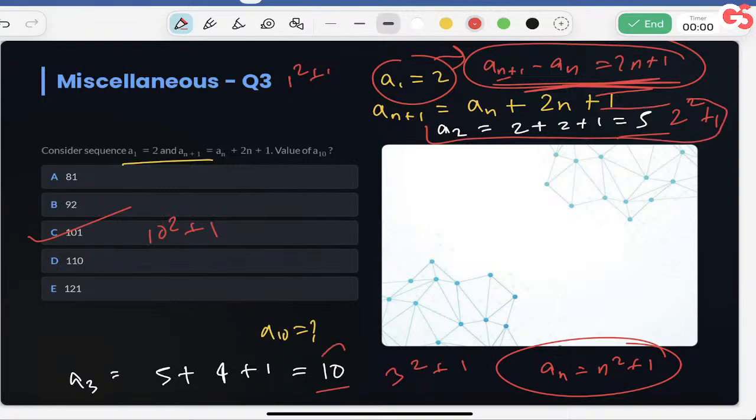The moment you see the pattern, probably you'll see the pattern in three steps. If not, in the fourth step, you're going to find the pattern. So a4 will be a3, that is 10, plus 2 times 3, that is 6, plus 1, you get 17. Now you see the pattern, 4 square plus 1. Those who don't know much maths, no problem, you can do it logically too. And that is the reason this question can come in MBA entrance, because even if you don't know pure mathematics, at least you see the logic.